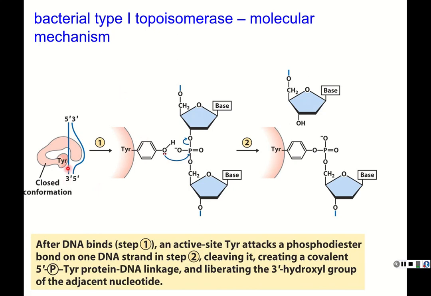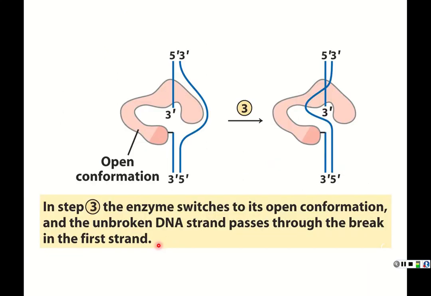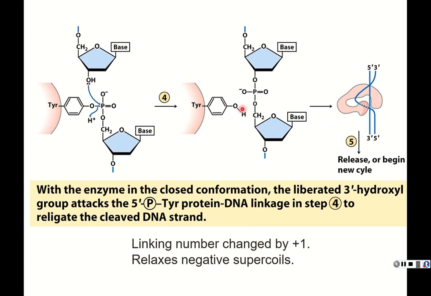Okay, so if you're looking at the cartoon picture of this, the tyrosine here is going to be breaking this strand. Okay. And then what happens after it breaks that, the other strand can kind of be pulled through that hole. And by doing that, you're changing the linking number by +1.